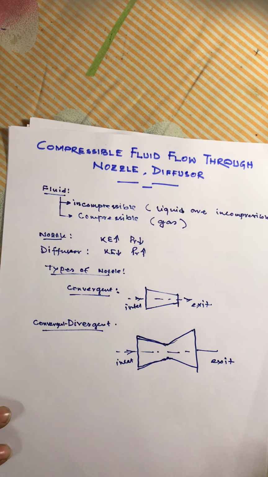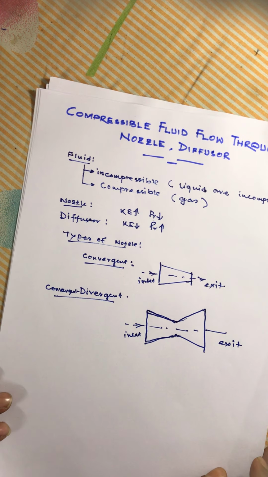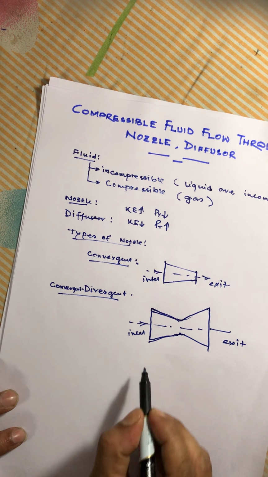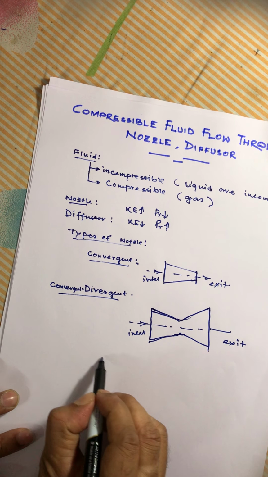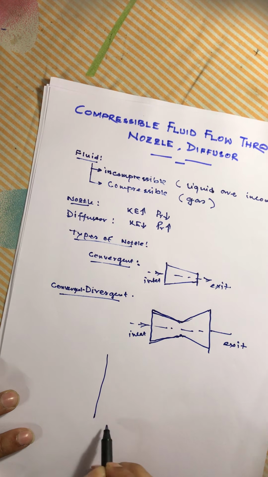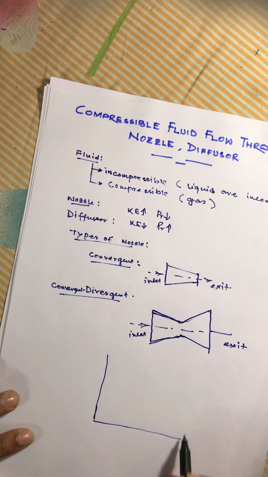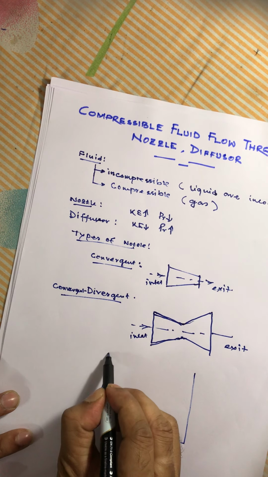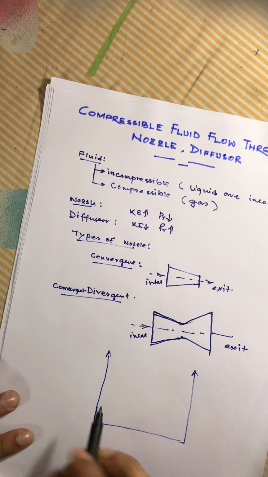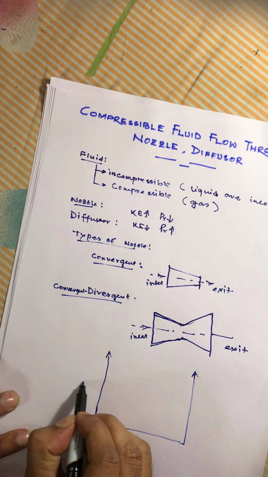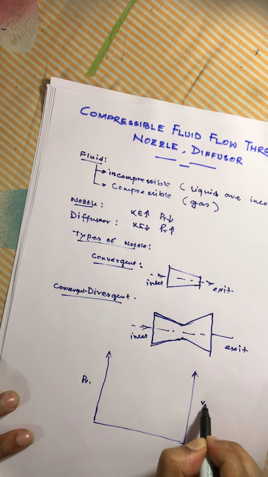Now, what will be the nature of the pressure as well as velocity profile? If I draw the pressure and velocity profile, suppose this is pressure and this is velocity.